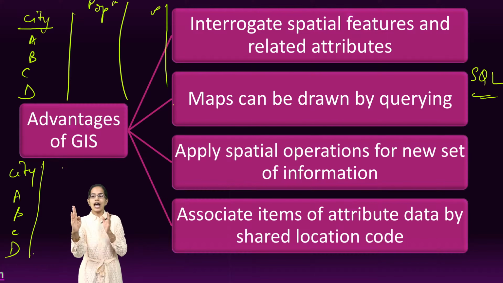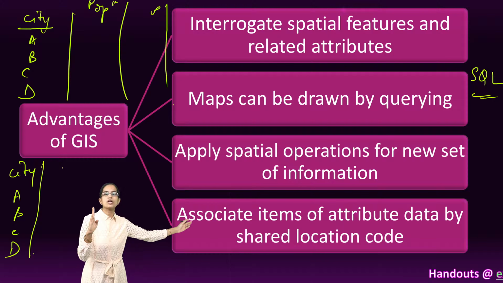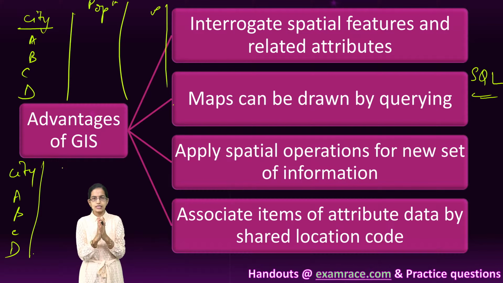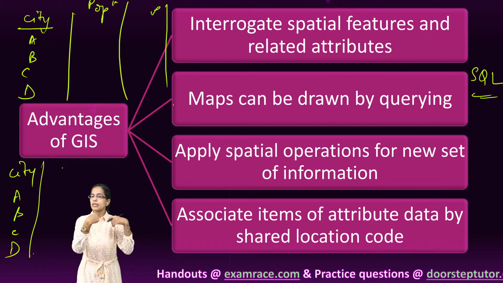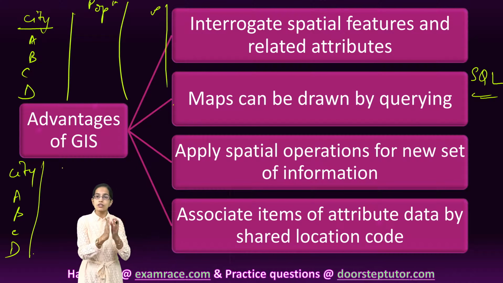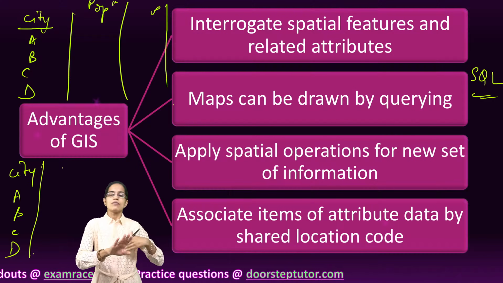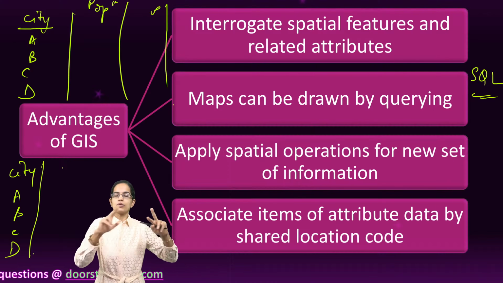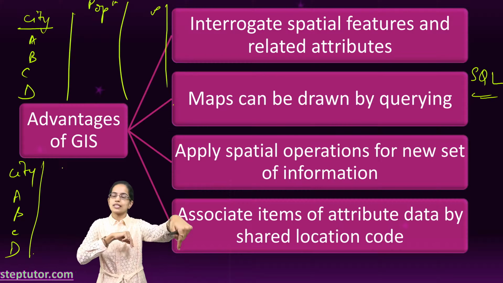So across that code, I can put a query for other code, and this gives me a facility either to merge those Excel sheets and bring in the queries or bring in the results, or even if they are not merged physically in the Excel sheet, when I am giving an output in the GIS, I can have a combined information that can come from both the tables integrated into one.